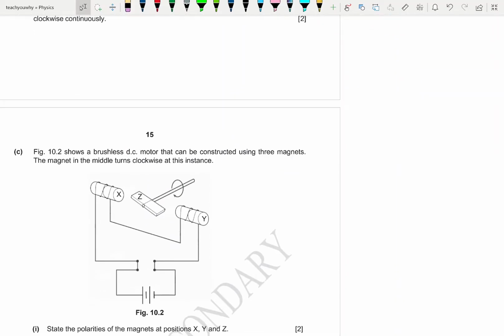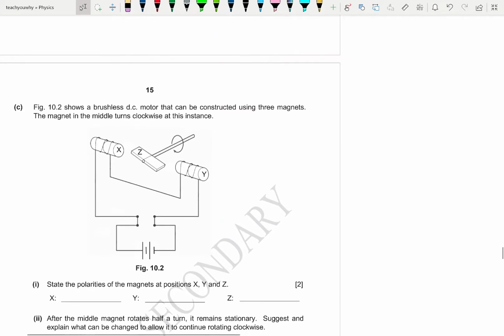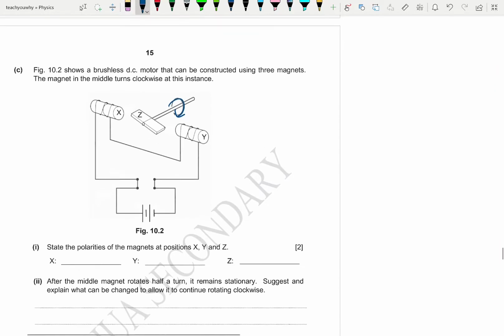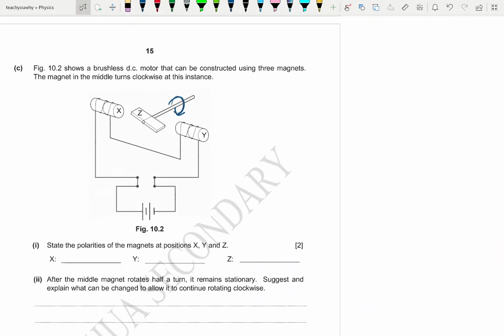Okay, the figure shows a brushless DC motor that can be constructed using strong magnets. The magnet in the middle turns clockwise at this instant. Okay, so it's turning clockwise. State the polarities of the magnets at positions X, Y, and Z. So let's have a look here.